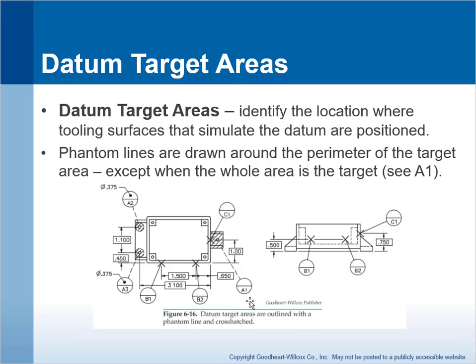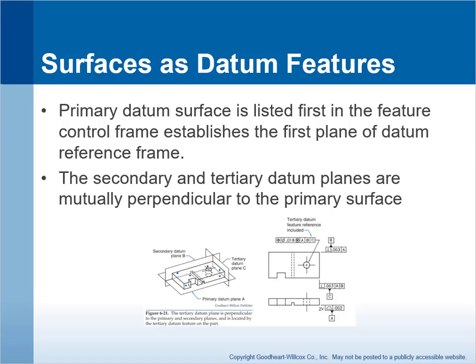And the third area, if you will, is going to be this entire surface at the other end. So our simulator is going to have to pick up this entire surface, and it's going to have to pick up these 2 areas here at a diameter of .375. So that's how we use datum target areas.